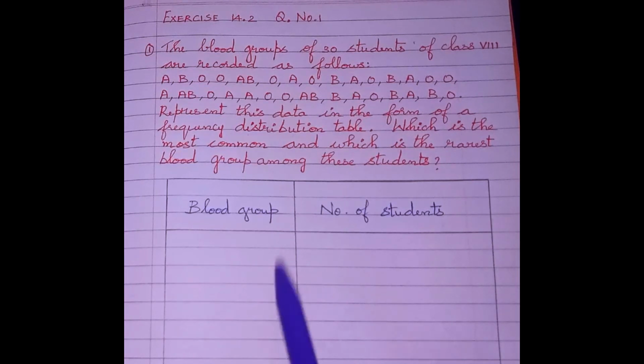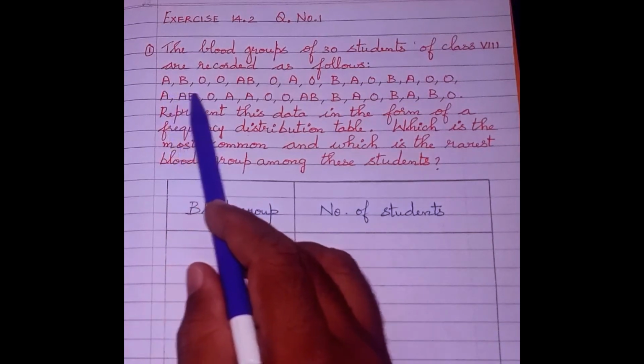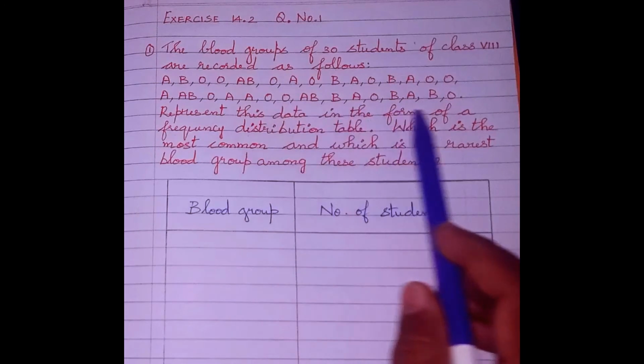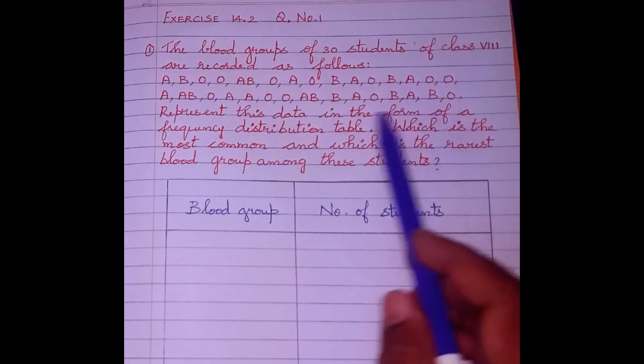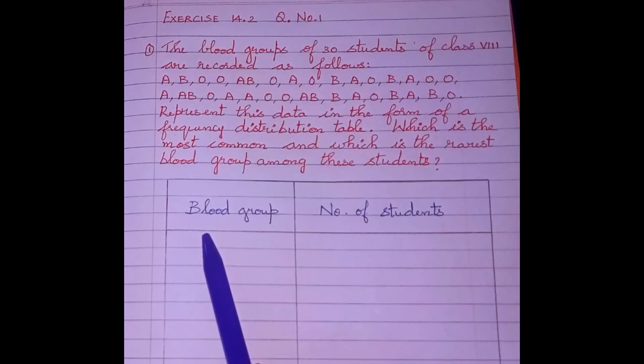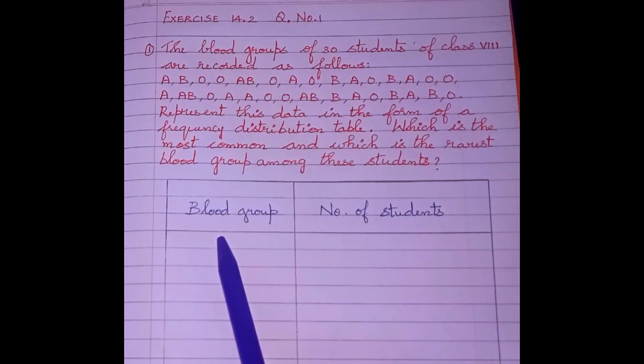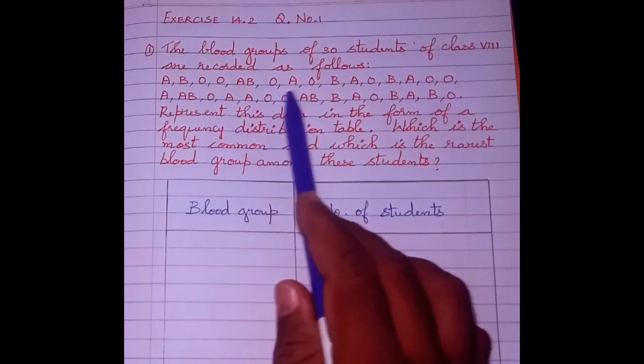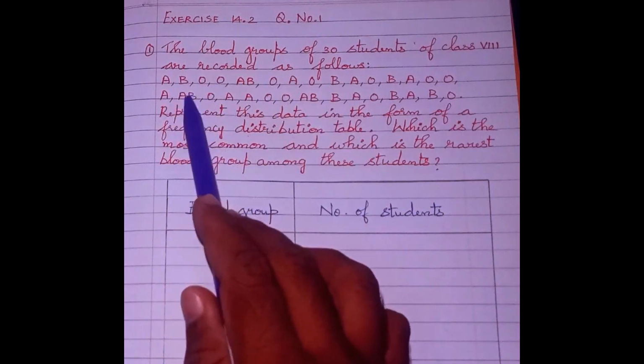So we can see that the data collected from 30 students of class 8 is given there. We are going to use this data and form a frequency distribution table. We first find out what blood groups are specified there.